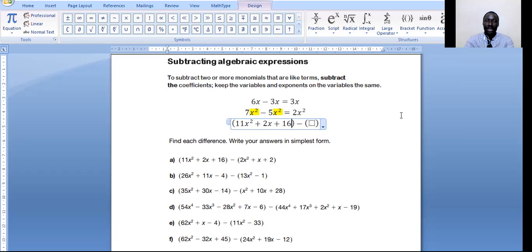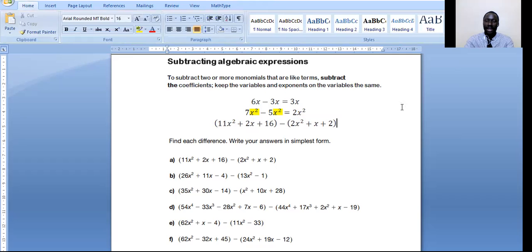And from this, we are subtracting 2x squared. And x. Then we also have a 2. Yes, that's what we have for question 1, part A.